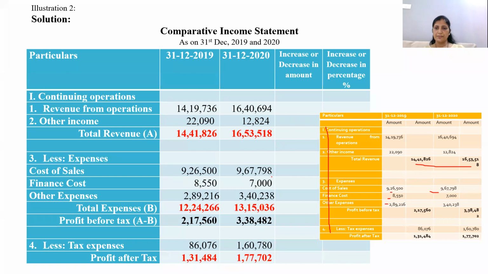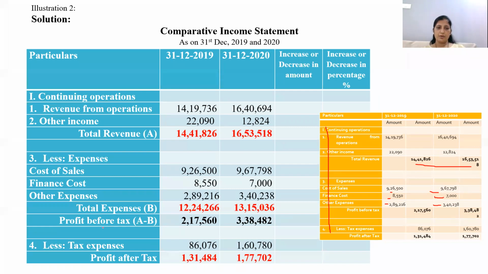I have taken here. Finance cost 7,000. The 7,000 I have taken. Then other expenses 3,40,238. Same have written over here. Total 13,15,036. These are the total expenses.